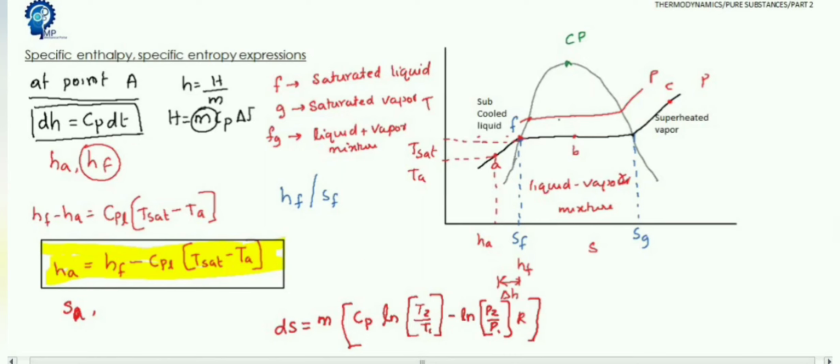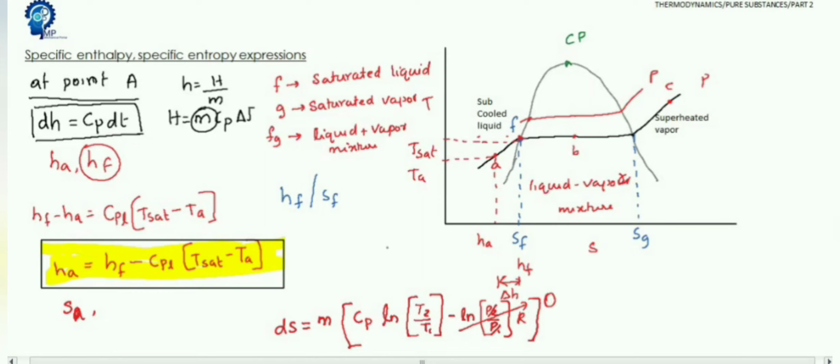P2 and P1 in our TS diagram are the same because these are isobars, so this whole term becomes 0.